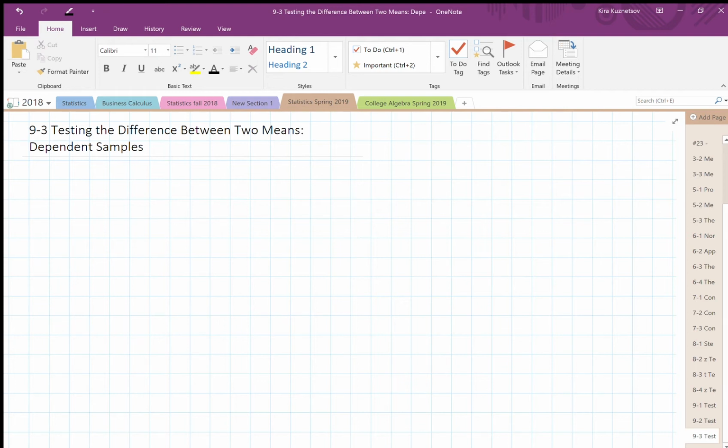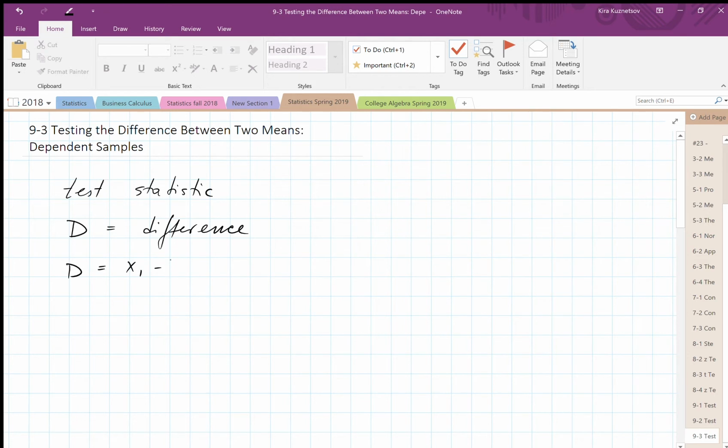So what we're dealing with is a test statistic that is analyzing something called a D, and it's the difference. The D can be found by taking an x1 minus an x2.